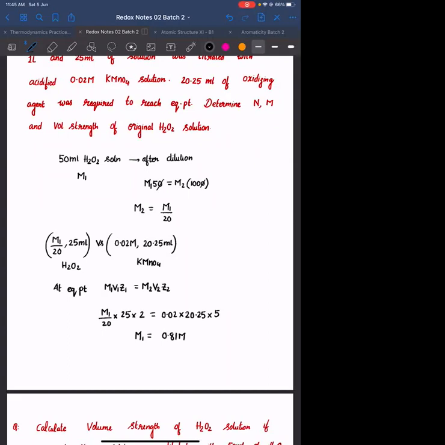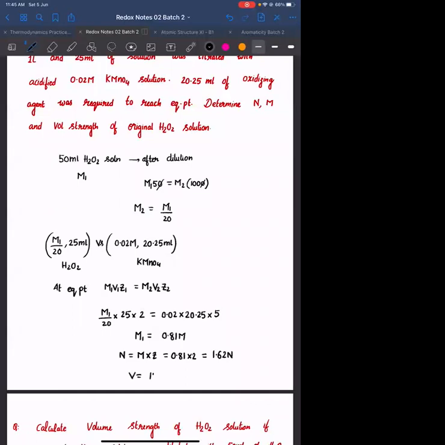Okay. What is normality? Normality is equals to molarity into Z factor, which is equal to 0.81 into 2, which is equal to 1.62 normal. What is volume strength?